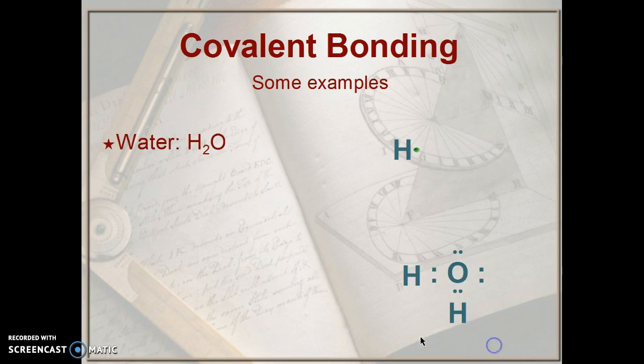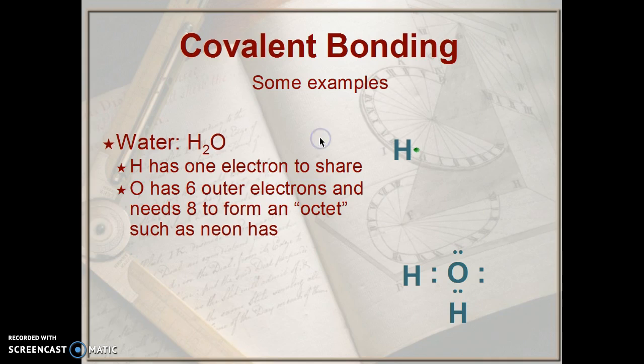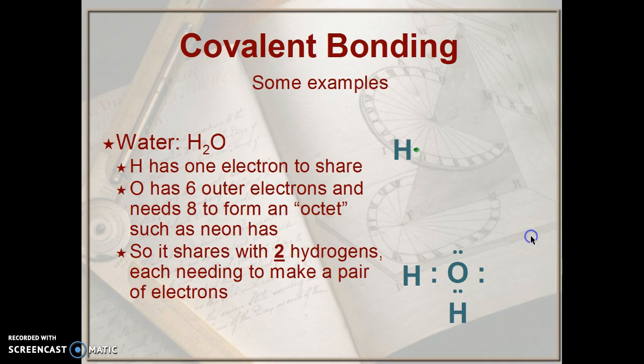So here's some examples. Water is a good example. It's made of hydrogen and oxygen. The hydrogen has 1 electron to share, and the oxygen has 6 outer shell electrons. So, since it needs 8 to form an octet, it shares with 2 hydrogens, 1, 2, each of them needing to make an electron pair.